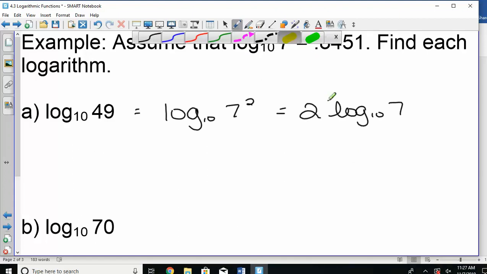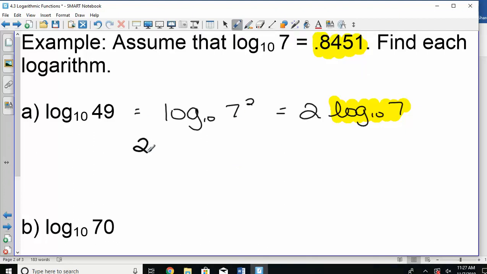But then we know log base 10 of 7 is this decimal. So now I can plug that in. So that would give me 1.6902.